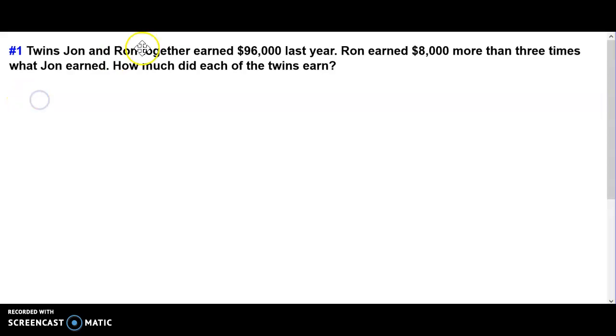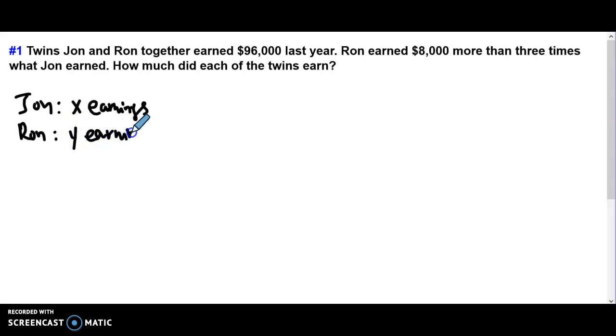So let's put here, I'm going to put John with X, that's going to be John's earnings. And Ron would be Y for his earnings.